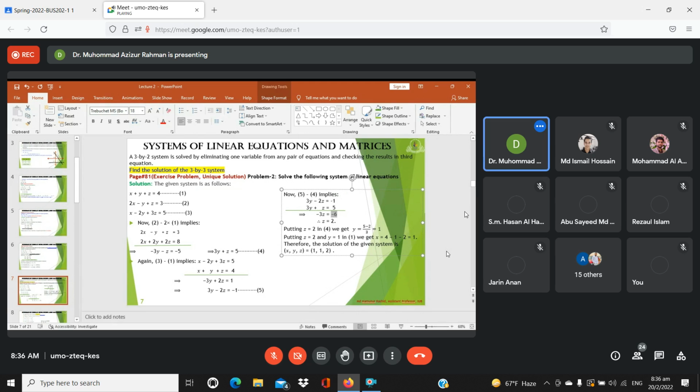So minus 3z equals minus 6, z equals 2, right?